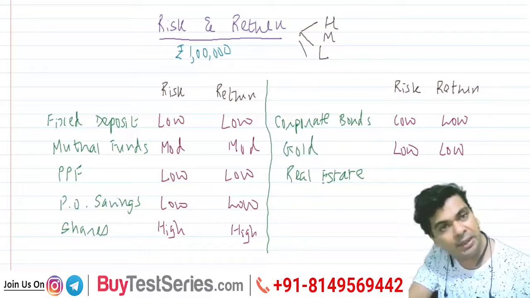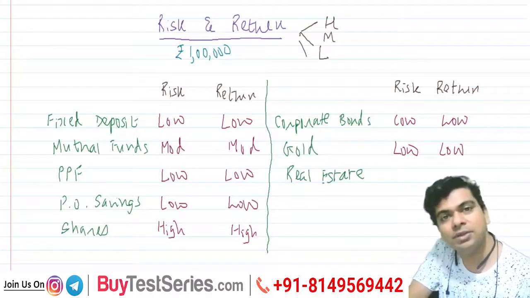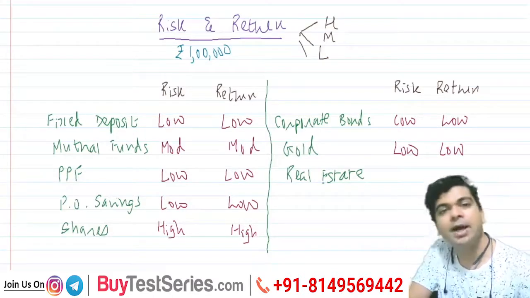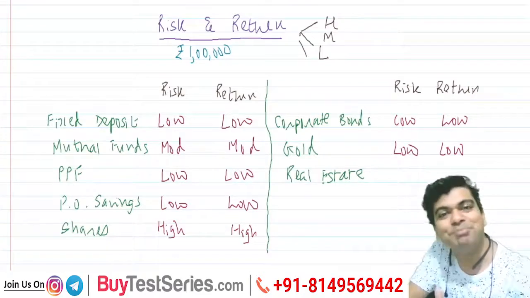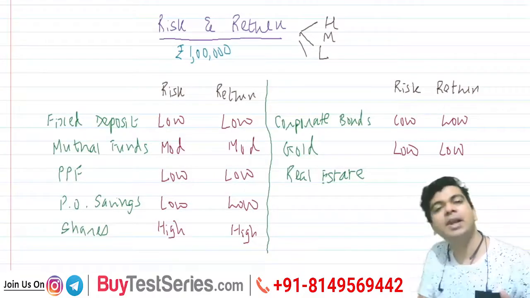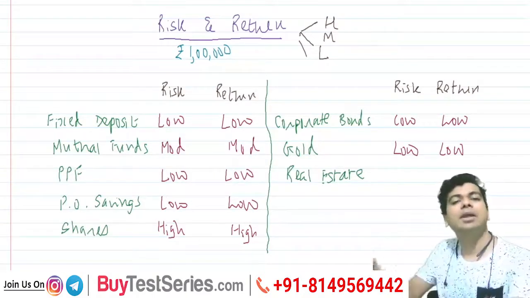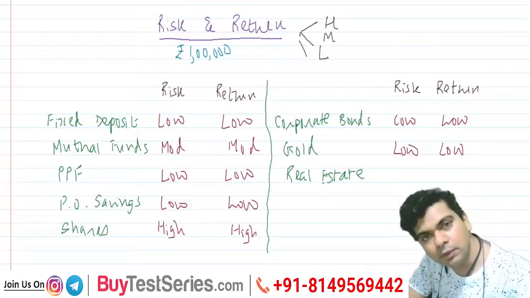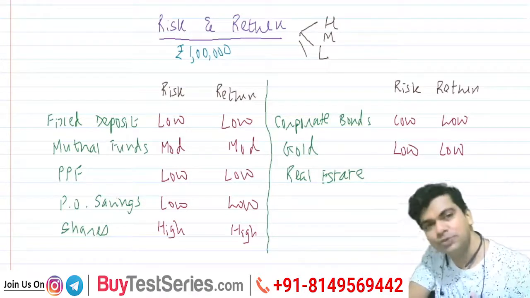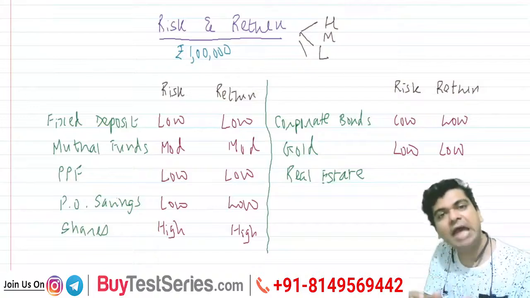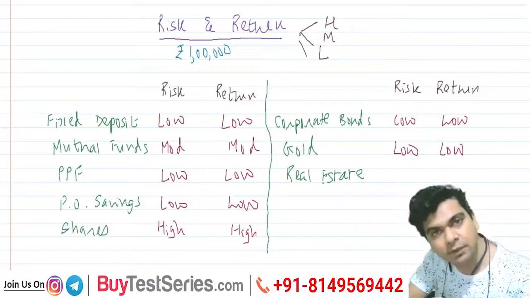The moment I tell you that gold will give a return more than the stock markets, you will become less interested or not at all interested in portfolio management. You will be like, okay, let me park my money in gold and life is set, isn't it? But that is not so. That's the reason I will put return on a lower side.